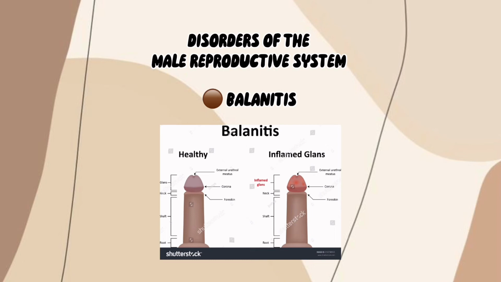This is swelling or inflammation of the glans penis. This occurs when a male is not circumcised and is not retracting the foreskin and cleaning under it. So it is related to hygiene.